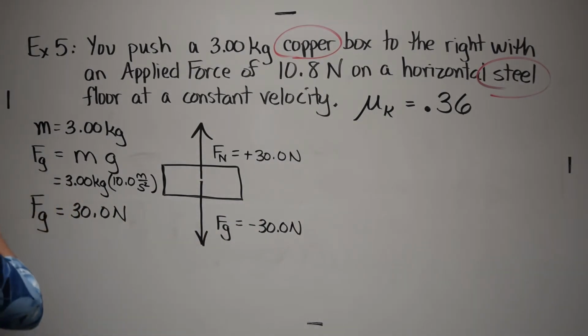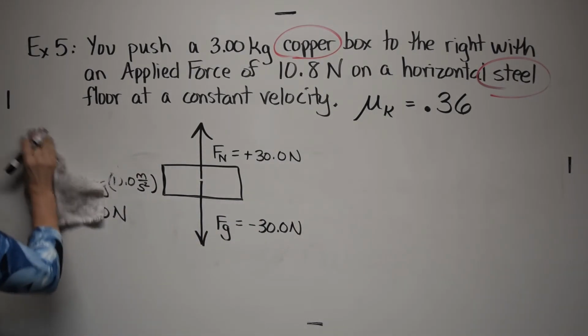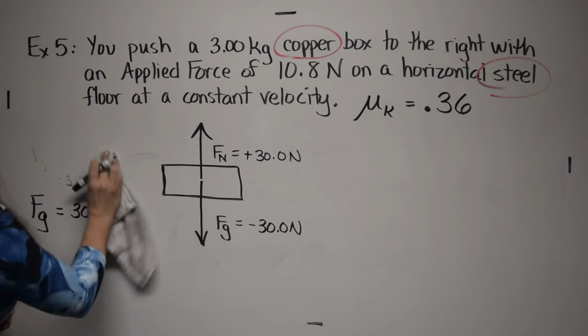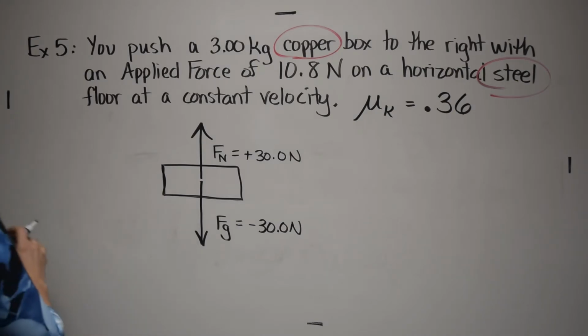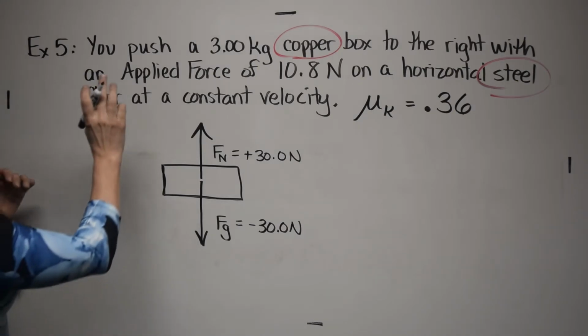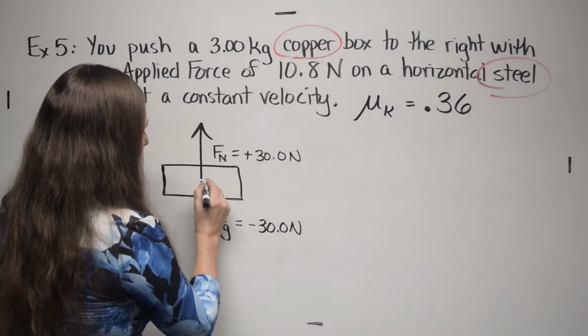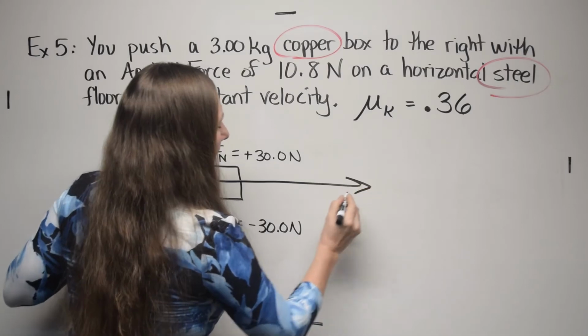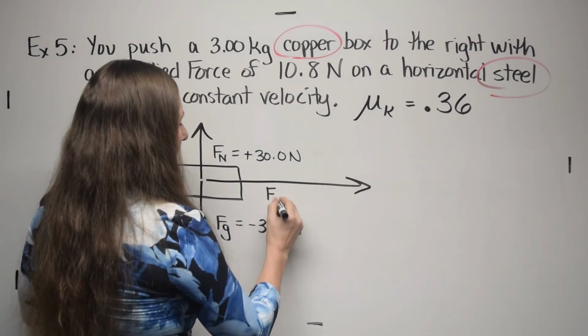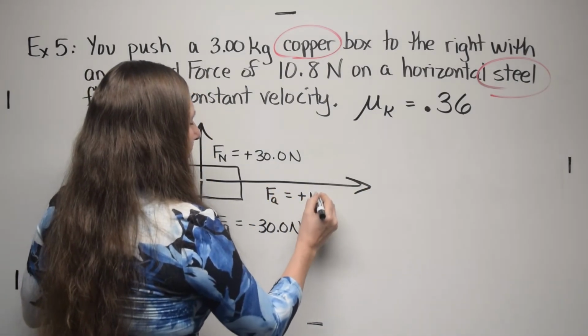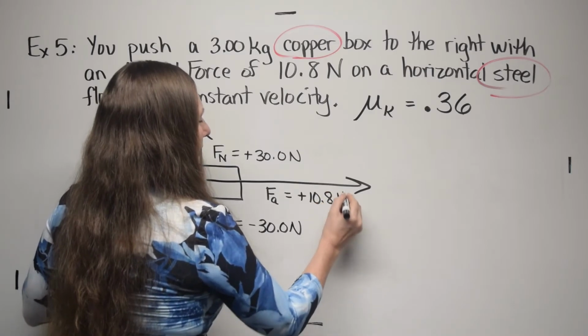Now I'm going to get rid of this because we've got more drawing to do here. Now, an applied force to the right of 10.8 newtons. So here's my applied force. Fa equals positive 10.8 newtons.